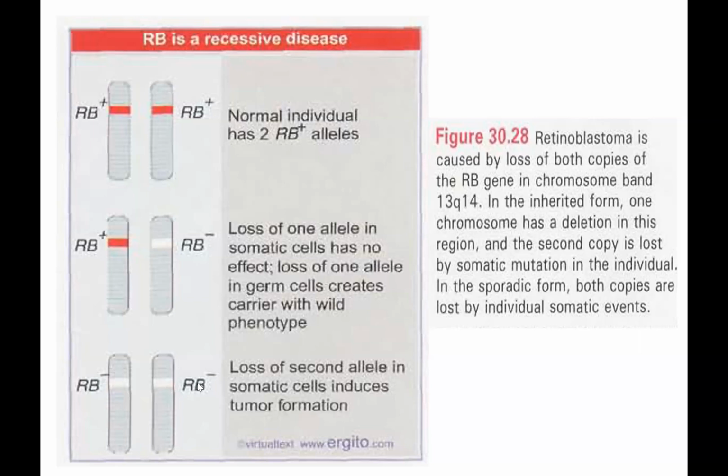And another way is when the two parents, in a heterozygous state, mother and father both are in this state, and when they produce a child, the child can inherit a scenario like this, where both the alleles are deleted from the chromosome.